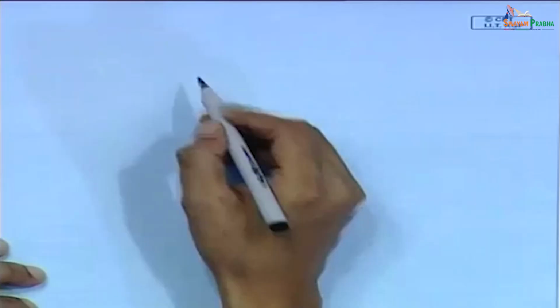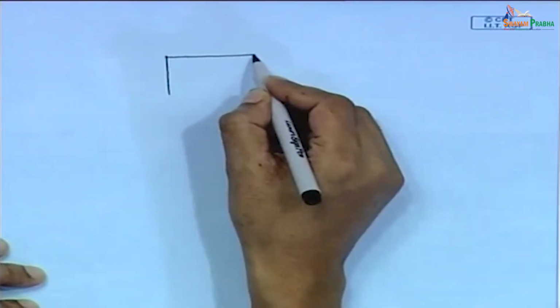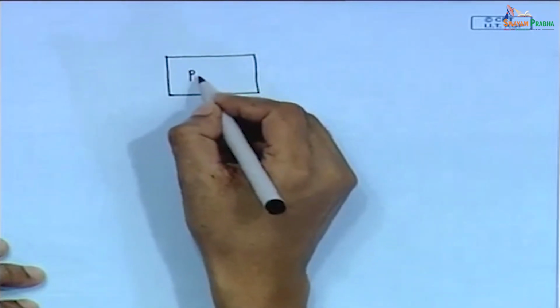Next, we will go to discuss the different forcing functions. Forcing functions are usually the input variables. Suppose we have a process, this is a chemical process.